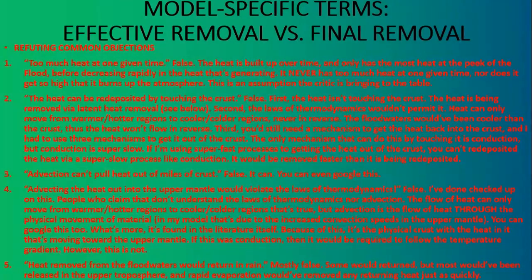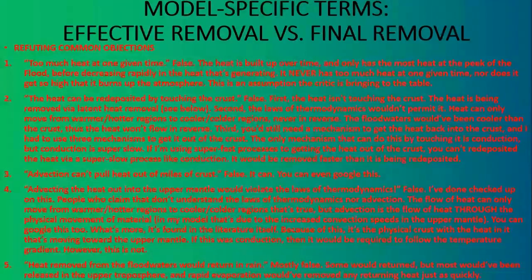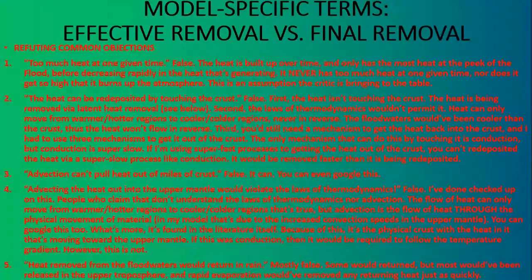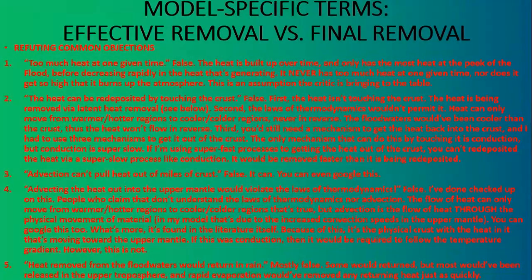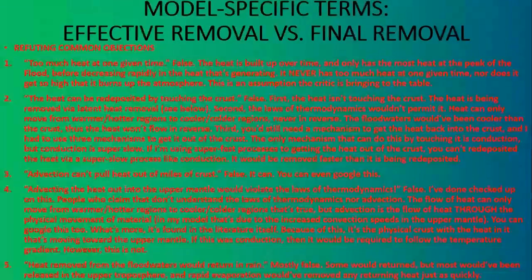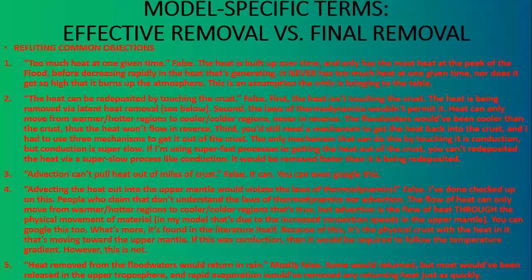This is an assumption the critic is bringing to the table. And heat built up over time is actually referring to the fact that people are just calculating a year's worth of heat, and then they try to use that to say that it's building up uncontrollably, and that's just not the case.